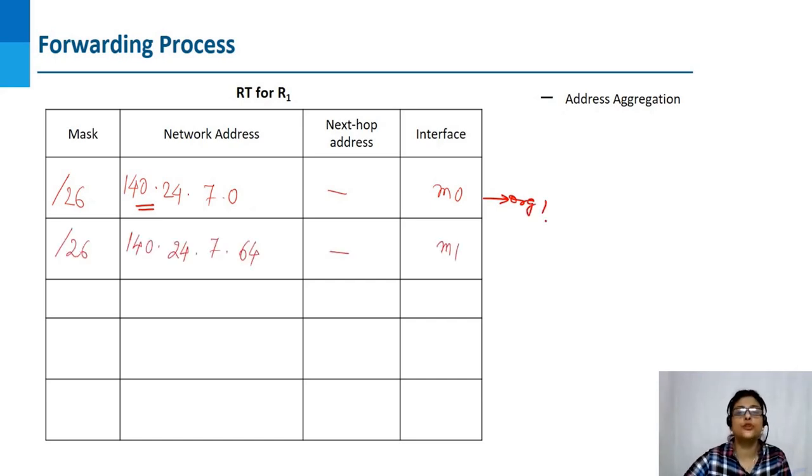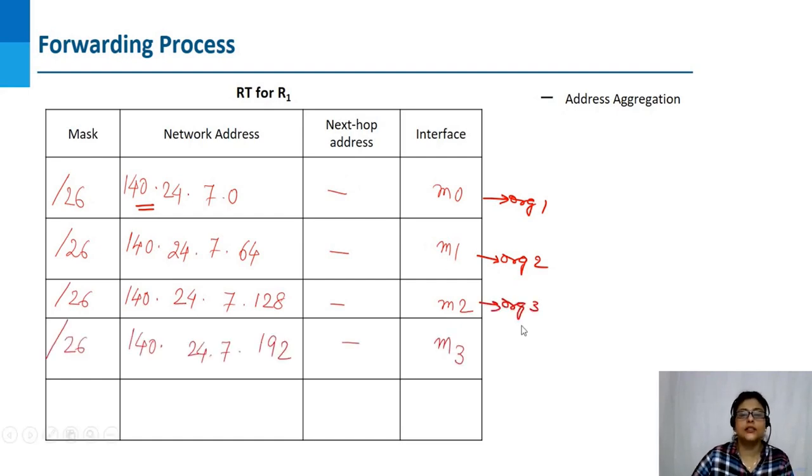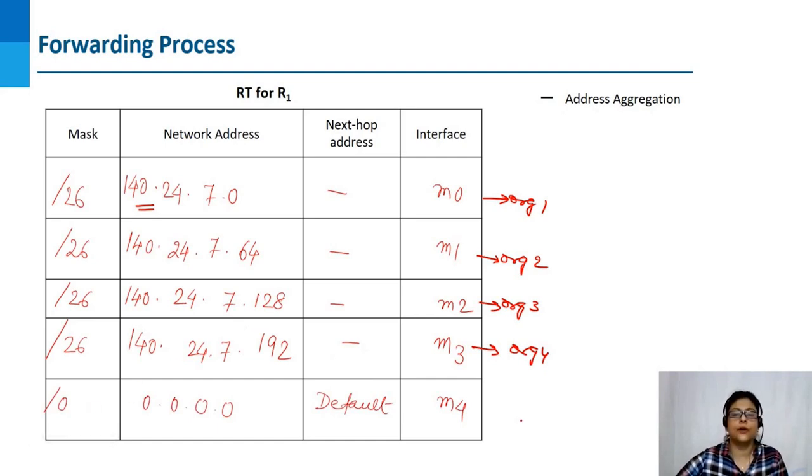For organization 2, we can have it through interface M1 having the proper mask, network address and next hop. This is for organization 3 and this is for organization 4. And if it wants to get connected to the rest of the internet, it can have this type of mask, network address and next hop address, and the interface will be M4.